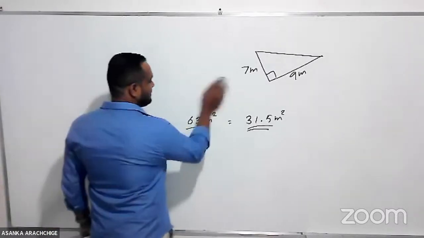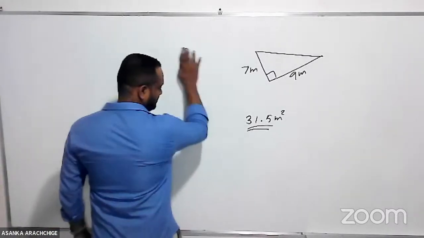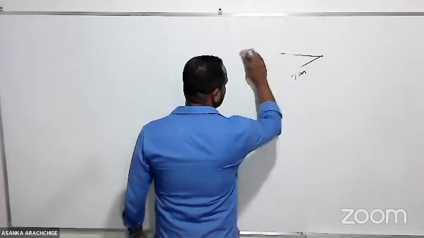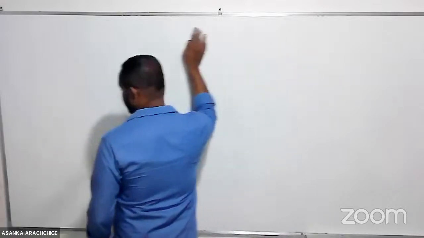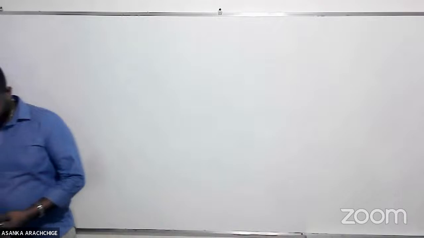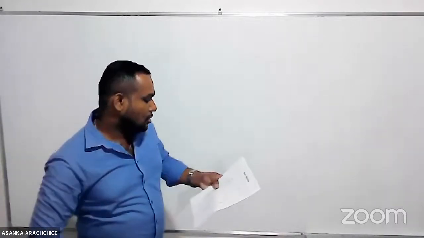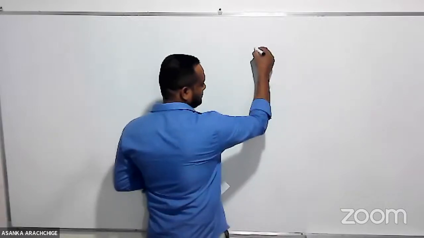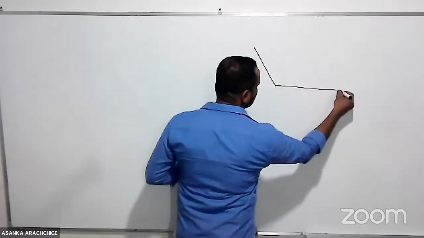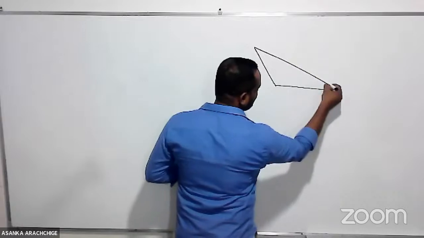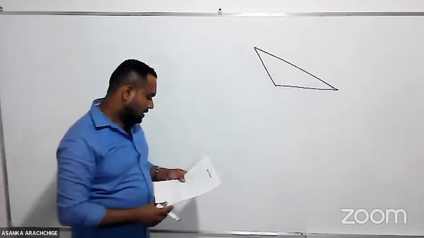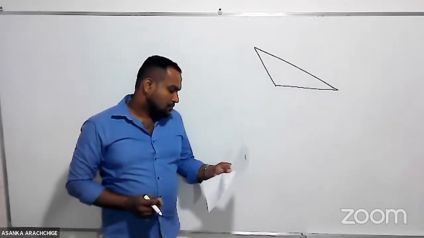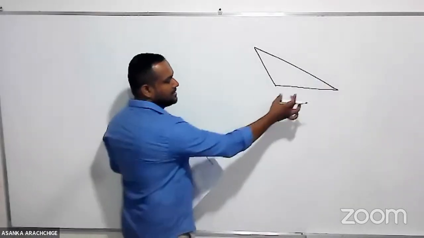Right. The last one. That is an obtuse angle triangle. In this figure, we are given the length of this side.